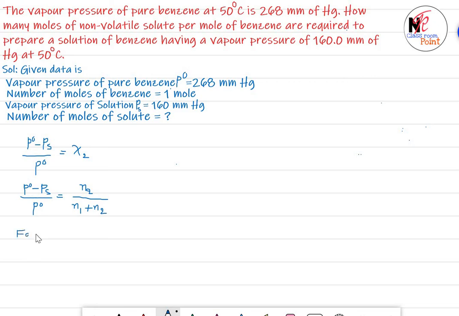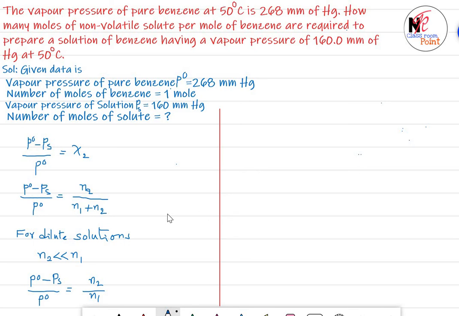But we know that for dilute solutions, the number of moles of the solute is far less than the number of moles of the solvent. So N2 in the denominator can be neglected. The final formula becomes (P naught minus PS) by P naught is equal to the number of moles of the solute by the number of moles of the solvent.